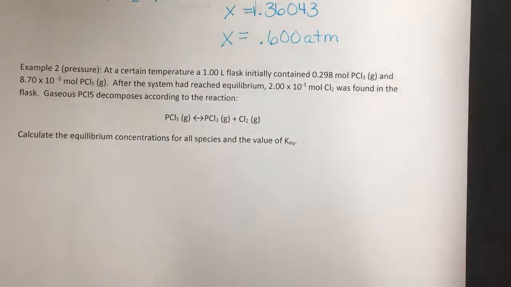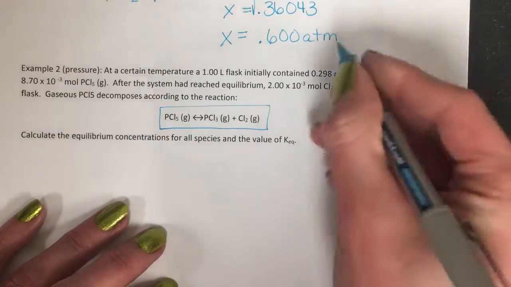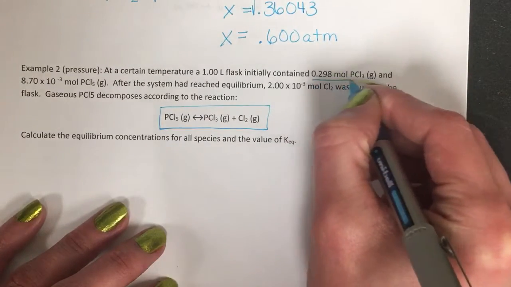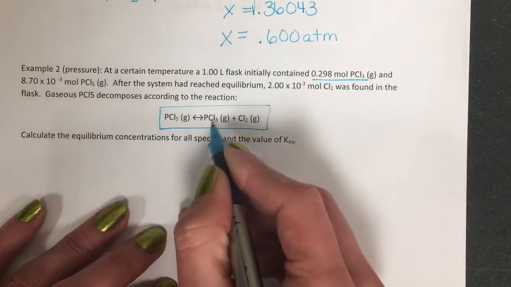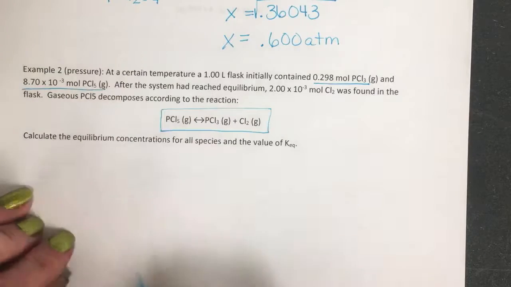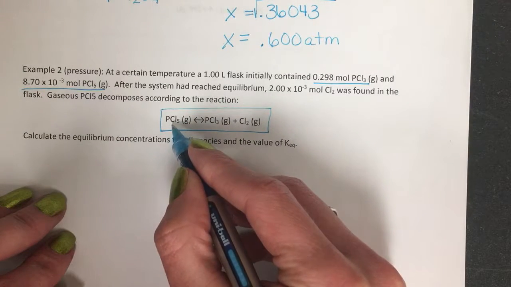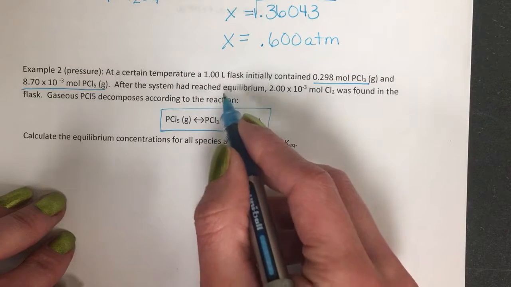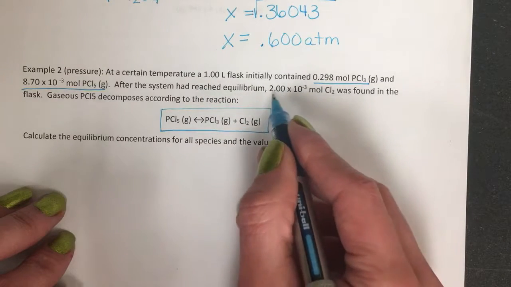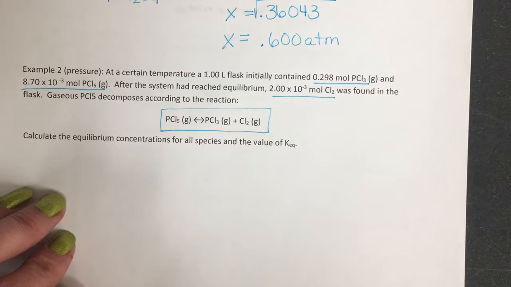I'm told that this is my reaction. I've got 0.298 moles of PCl3. I've got 8.70 times 10 to the negative third moles PCl5. And at equilibrium, I've got 2.0 times 10 to the negative third moles Cl2.